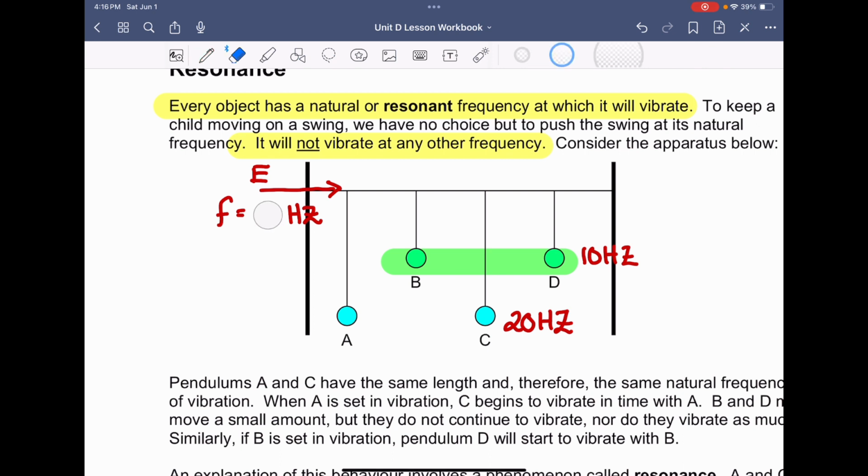Lastly, what happens if we made this 20 hertz? Well, 20 hertz going down this line would clearly match up with our bottom two, A and C. These ones would vibrate together because they share that same natural or resonant frequency, or that same energy required. So it won't vibrate anything other than that. It's this specific frequency for a specific object.